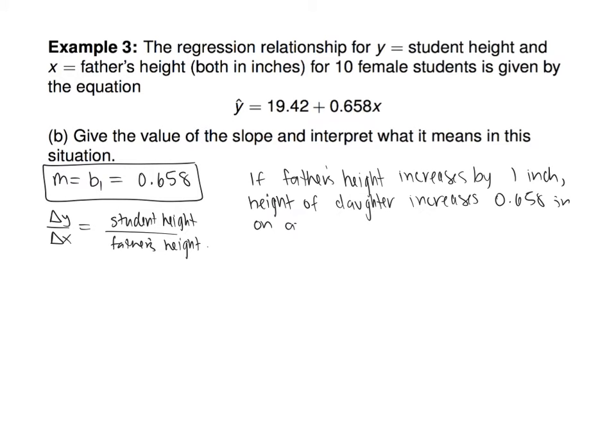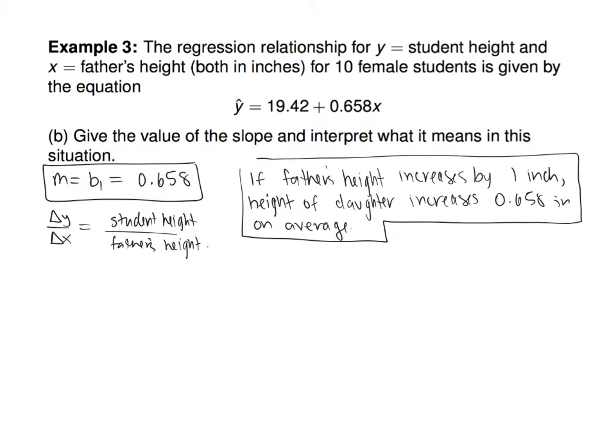Magic words, on average. In this class, the magic words are on average. When you were 5, it was please. So for every 1 inch increase in father's height, we see about a 0.658 increase in the height of the daughter.